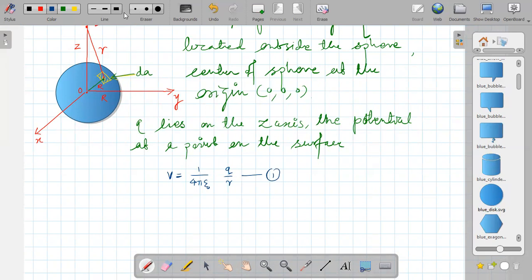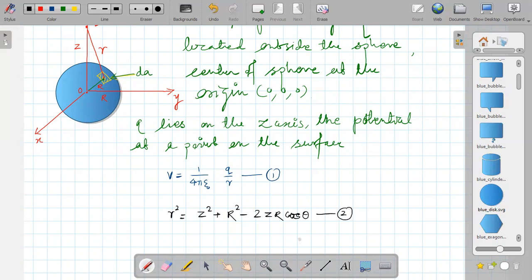And therefore from this geometry, using the cosine law we can write r square is equal to z square plus capital R square minus 2 times zR cos theta, based on the cosine law.